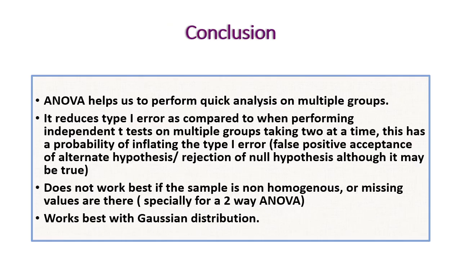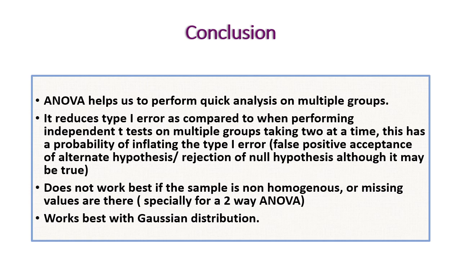So to conclude, ANOVA helps us to perform quick analysis on multiple groups, and also to recall, this can be done with independent t-tests on multiple groups, taking 2 at a time, but this would lead to an inflation of the type 1 error.